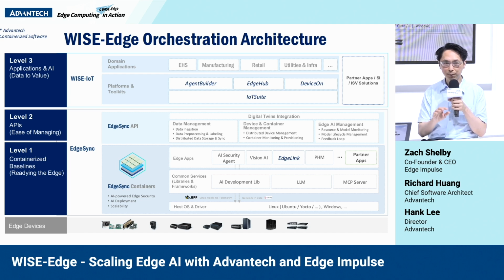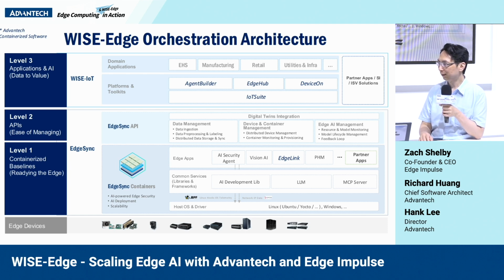But now we move our customers from the traditional end users to expand to developers and individual developers and system integrators. So at level 1 and level 2 we will provide a lot of tools and APIs for further development for Edge AI specific domain applications.